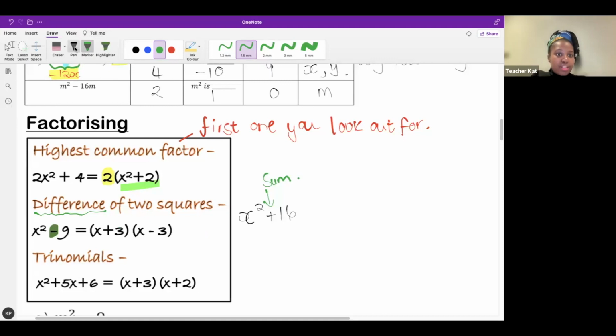We said we find the square root of my two terms. And those are the ones that go into my brackets. So x and 3. Then all you remember is you have two different symbols inside. Okay. And then the last one finally is a trinomial. What does the prefix tri mean?